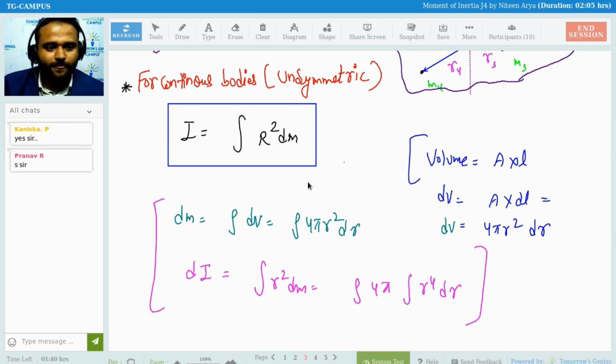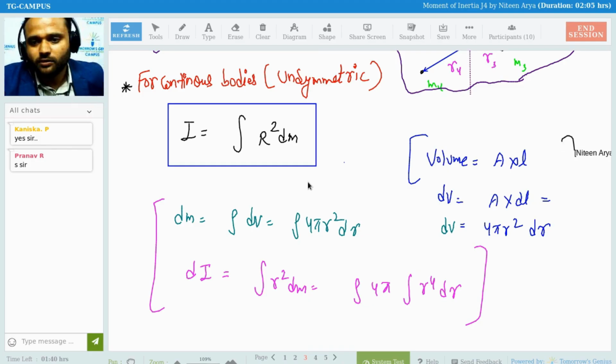Clear? Instead of this, if I choose a simple shell, then for a sphere my dm is going to be rho dA. How can you find dA?